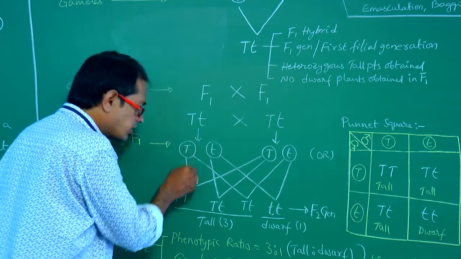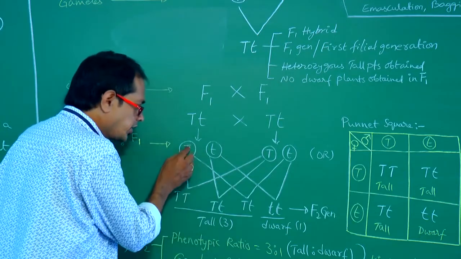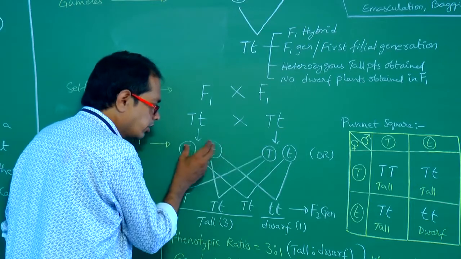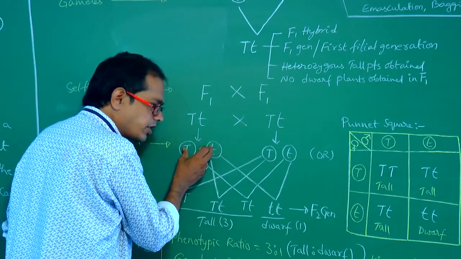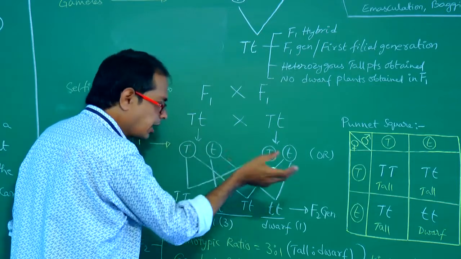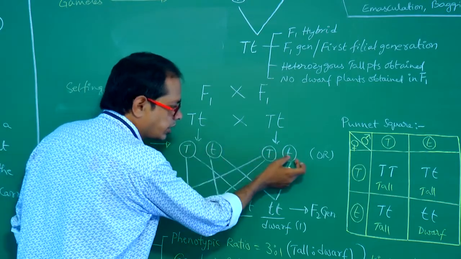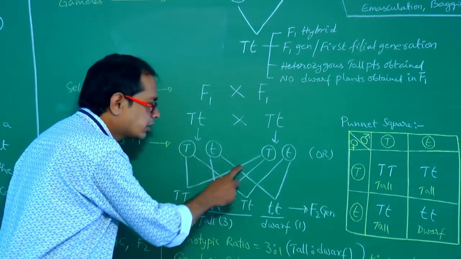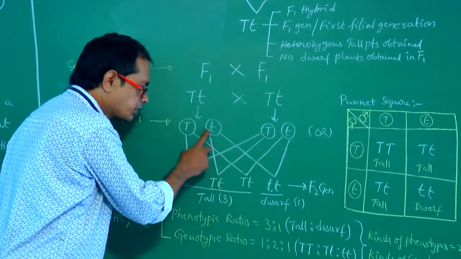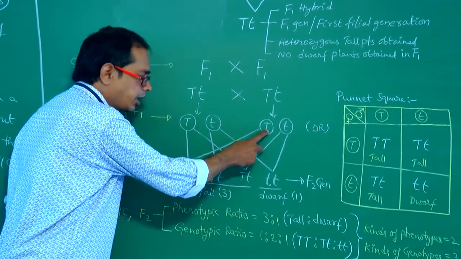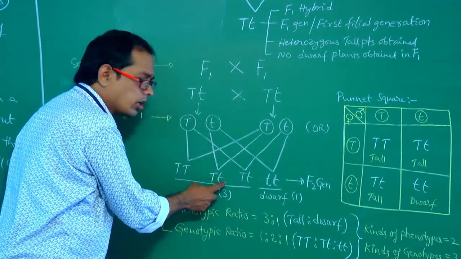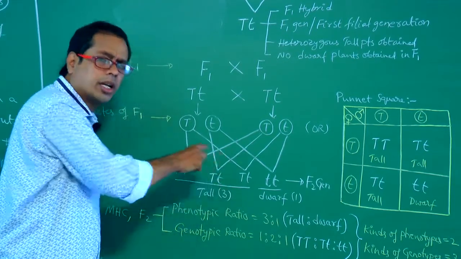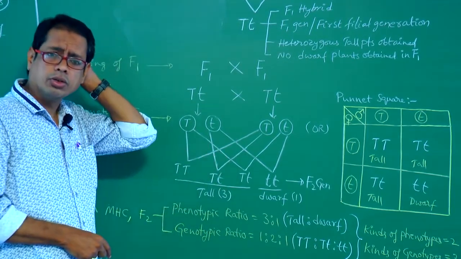Right. Cross with each other. This one crosses with this one, and this one crosses with this one. That means these two first cross with this one, later these two cross with this one. See, capital T crossed with capital T, small t crossed with capital T. Capital T, small t, or small t, capital T, whatever you may write.